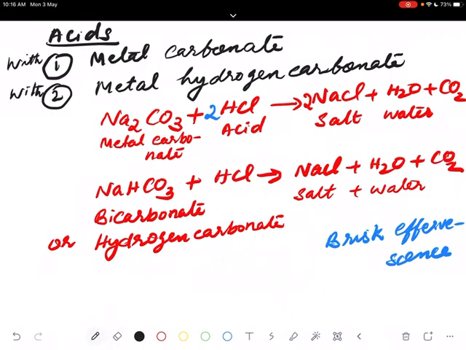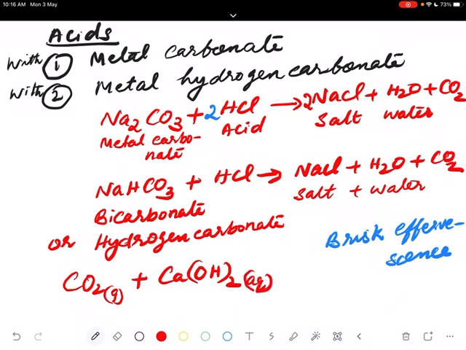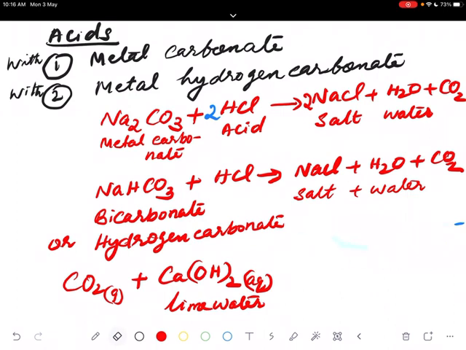If I pass carbon dioxide gas through lime water, that is CO2 plus Ca(OH)2, aqueous solution, what happens?